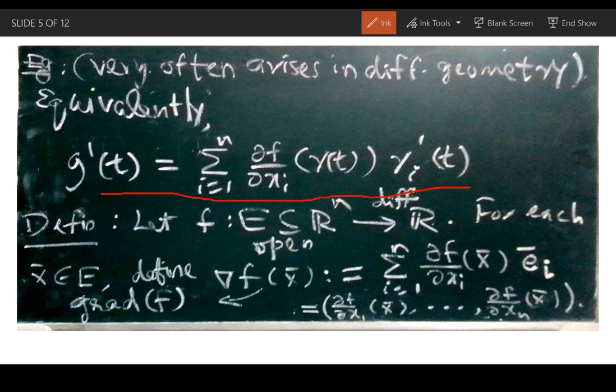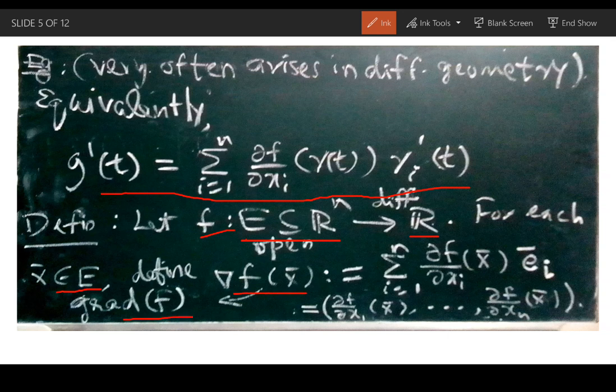Now we will make a definition. So definition. Your f is a mapping of an open subset E of Rn into R. f is a real function defined on E. And assume f is differentiable in E. For each x in E, you define a certain vector.